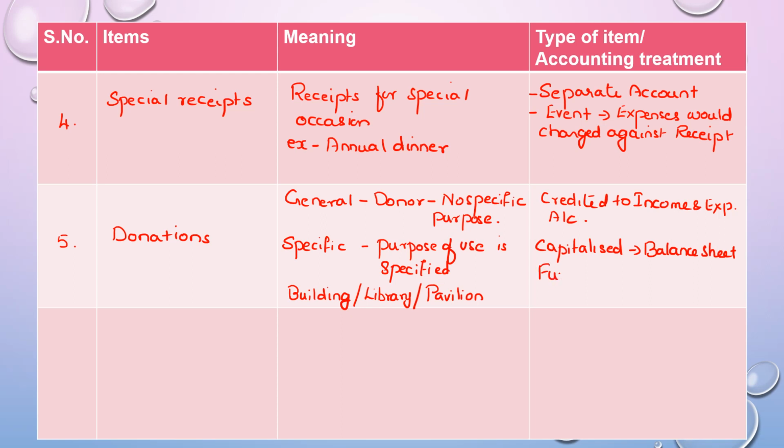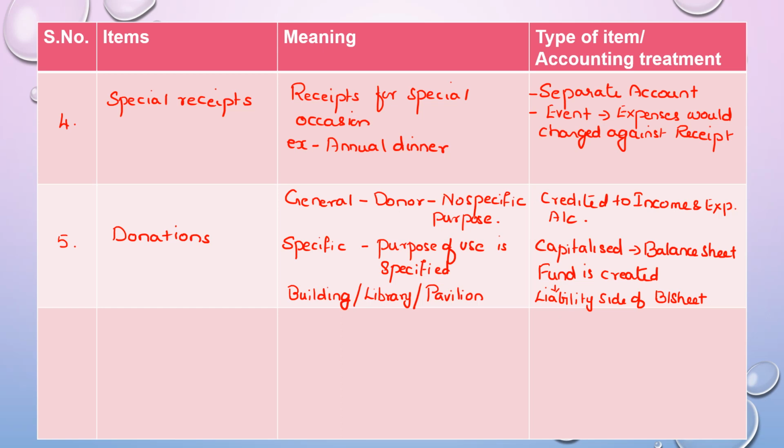When it is utilized for the purpose, the amount would be deducted from that particular fund and would get converted into an asset, which would come on the asset side of the balance sheet. So basically a fund is created, and where would we find this fund? On the liability side of the balance sheet. And once utilized, the equivalent amount would get deducted from the fund and created as an asset, seen on the asset side of the balance sheet.